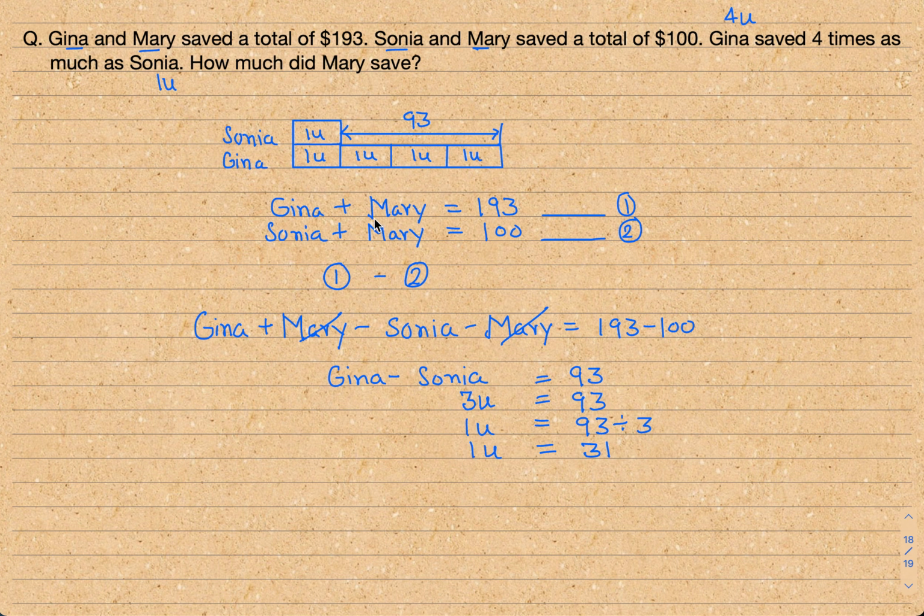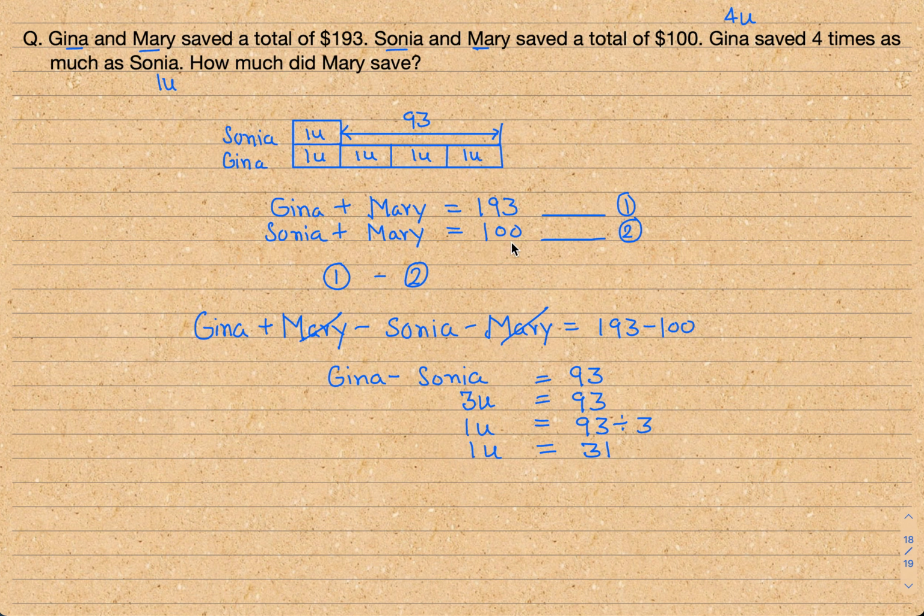See, Mary is in both these equations. So basically we can use any equation to find how much Mary is having. We can first find out how much money Gina is having, and then subtract that amount from 193 to get how much Mary is having.